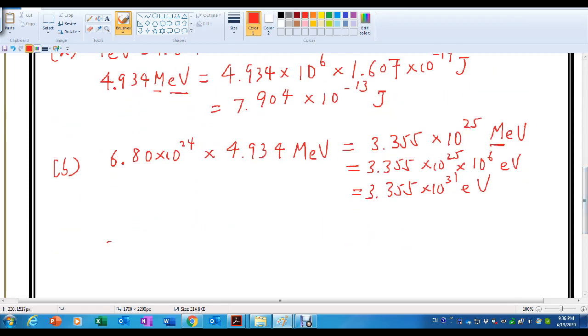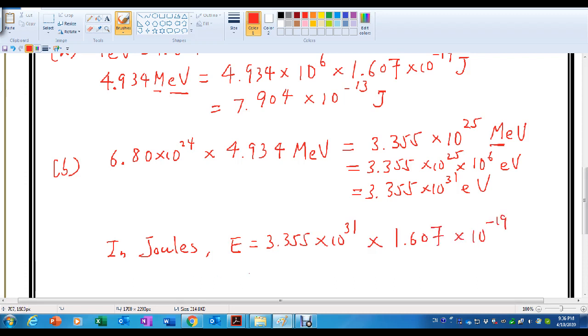In joules, the energy would be this one times 1.602 times 10 to the power minus 19, and you will see the answer would be 5.37.